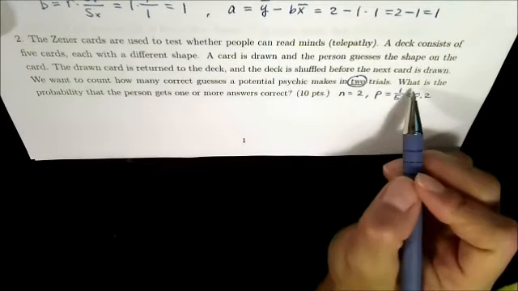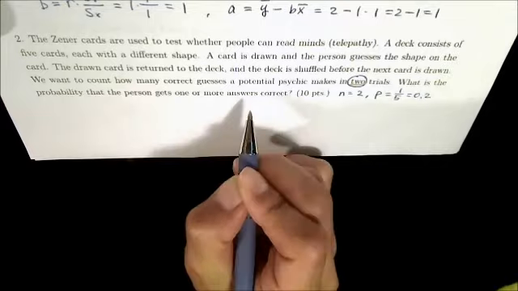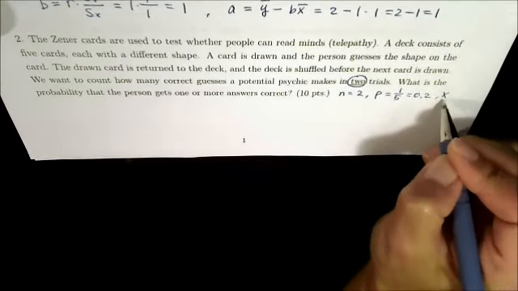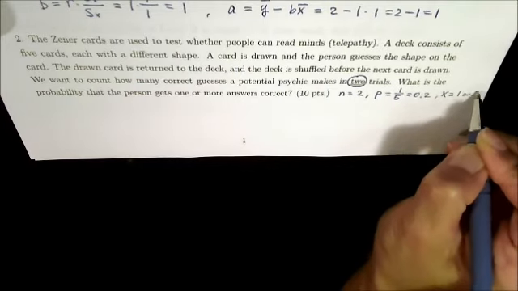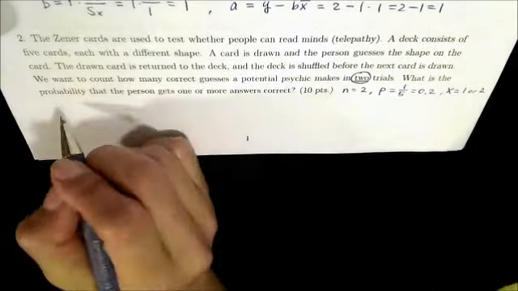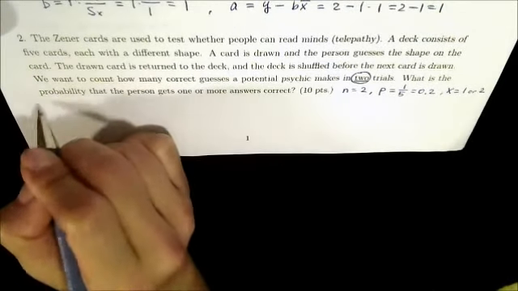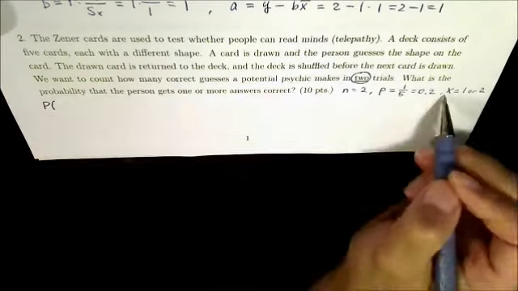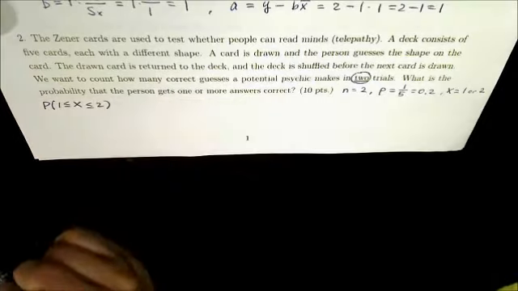And the question is, what is the probability that the person gets 1 or more answers correct? So here my X, the number of successes, is 1 or 2, right? If you write this with probability notation, it is the probability that my variable X is between 1 and 2.